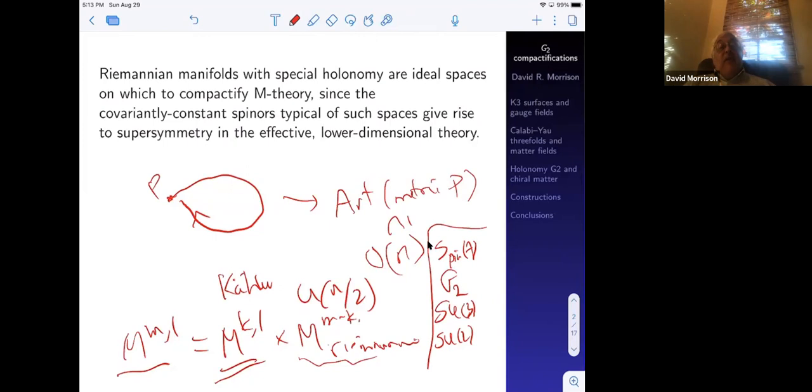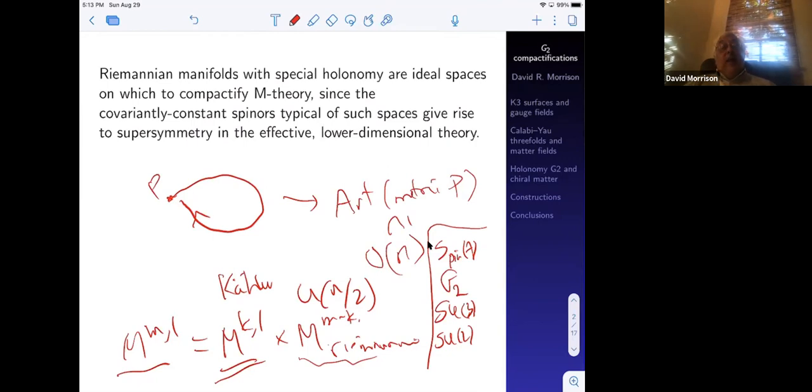And the compactification of M theory down to 3 plus 1 dimensions, the space-time that we live in, would require a 7-dimensional space. It would require a 7-dimensional Riemannian space with a covariantly constant spinor. And unless that space is a product of lower dimensional objects, it would have to have holonomy G2.